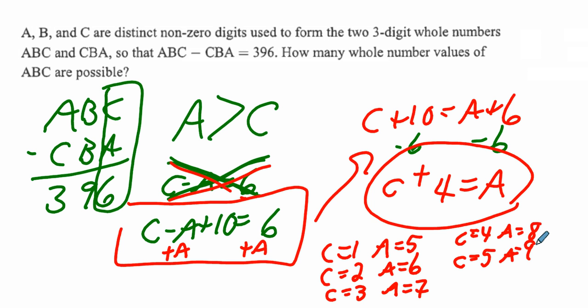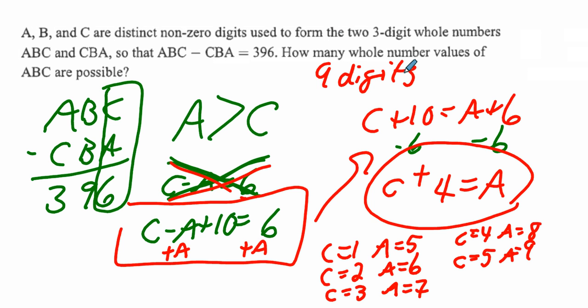Each one only has one possible C that might match up with it. So when I'm going through the numbers, A could have 5 possibilities. For each value of A that I choose, there's only one C that could possibly be an answer. I have 9 digits that I can choose.